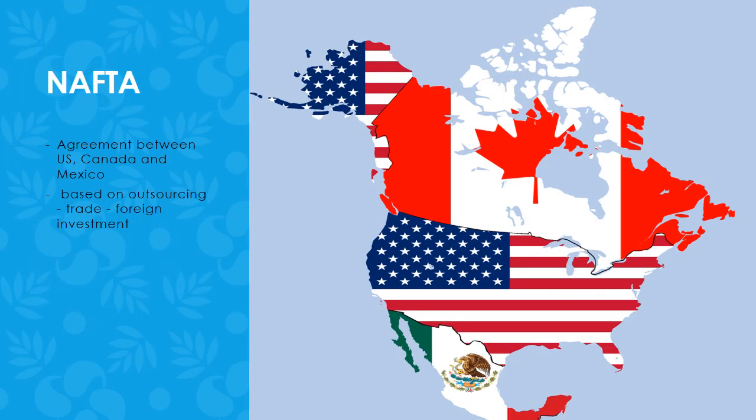So another example concerns outsourcing and liberalization of trade and foreign investment. In particular, the NAFTA agreement between the United States, Canada, and Mexico has made it significantly easier for firms to move different parts of their production process to different locations in North America, such as research and development, component production, assembly, or marketing.